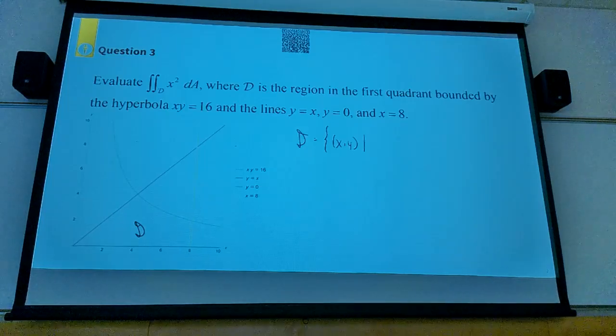Zero to 8, x less than or equal to 8. Region. And what about y?